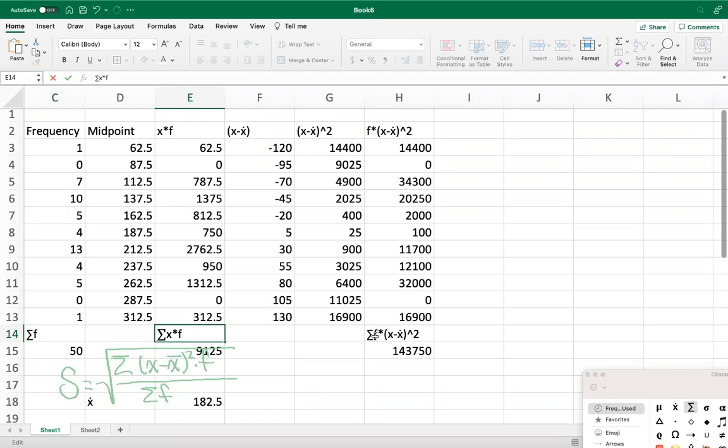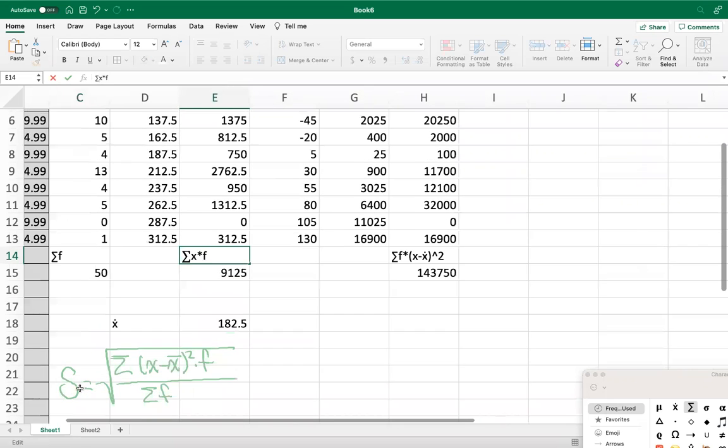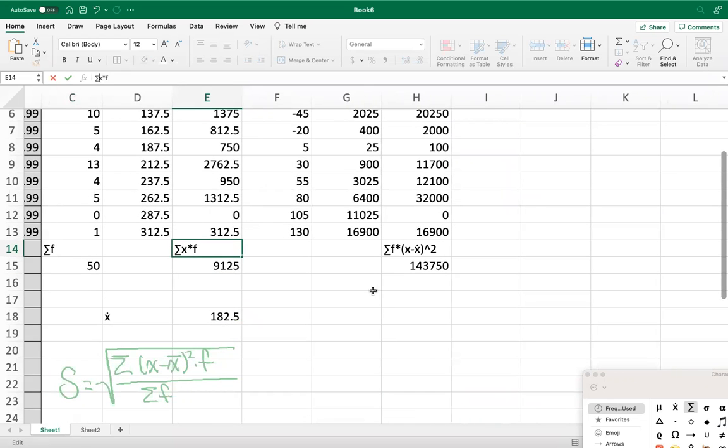All right, so now that we have the sum of the deviations squared times the frequencies, and we have the sum of the frequencies, next, to find our value of S, it's just going to be the quotient between those two, and we need the square root as well. So for S squared, this is just before we take that square root, so it's equal to the sum of the deviations squared times the frequencies, and we're dividing that by the frequencies themselves.